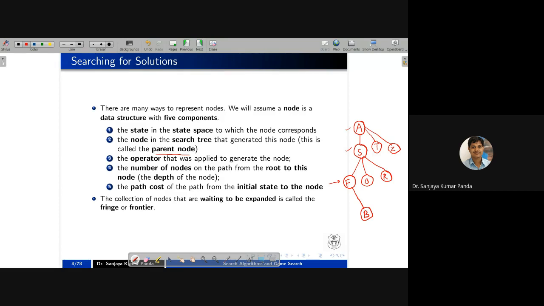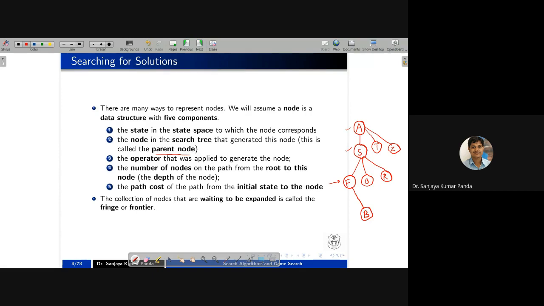So these are the 5 different components you need to study when you represent a particular node. Now, as I said, there are some nodes you want to explore in later stages. That's why in a search strategy, there are always some nodes waiting to be expanded, especially, as I mentioned, in the open list and closed list.